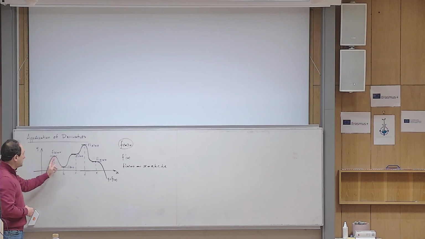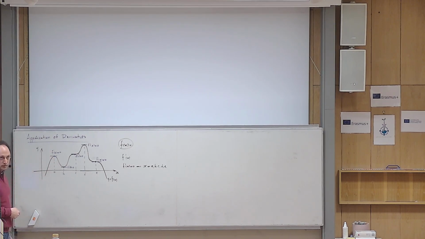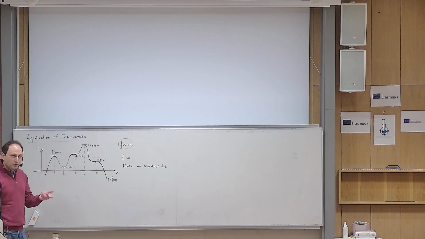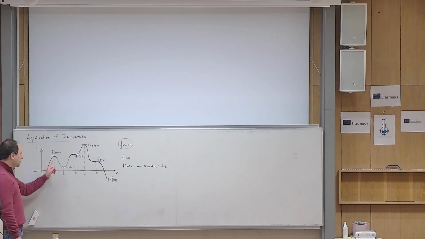So for a local maximum, on the left side, the function is going up. On the right side, the function is going down. But for a minimum, what happens? For a minimum, on the left side, the function goes down, and then on the right side, the function goes up. So going up and down is similar, but in which way they go up and down is different. For a maximum, the left goes up, the right goes down.